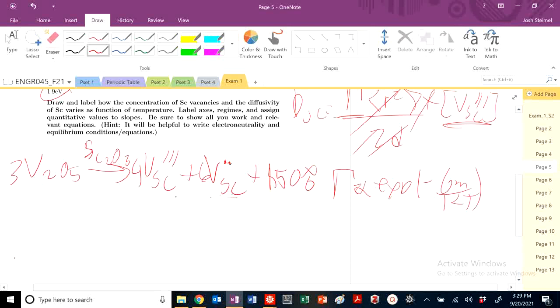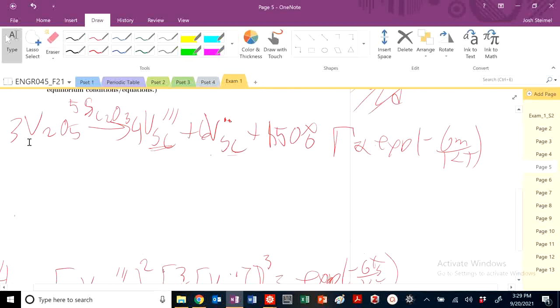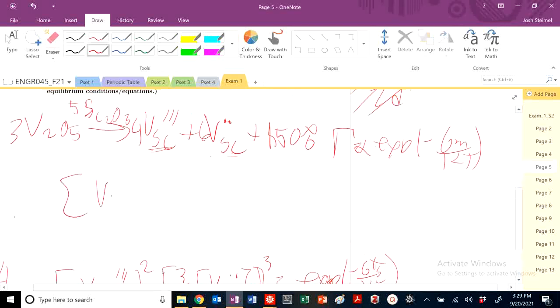Because we have 6 scandium and 4 scandium here, that's 10, so 5. There we go, we got it. The only thing left is my electroneutrality equation: the scandium vacancy concentration times 3 equals 2 times the substitutional vanadium cation concentration.